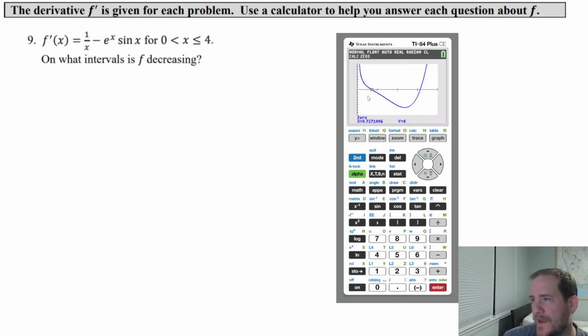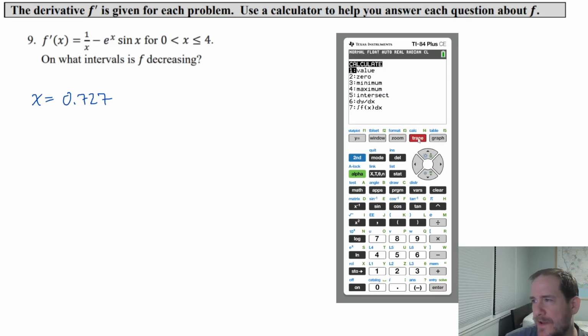Enter. And I'm getting that. So it's 0.727. And that's fine. So that's my first critical value because it's the x-intercept of the derivative. Now for the other one, I'll do it all again. I'll go second calc, option 2, 0.